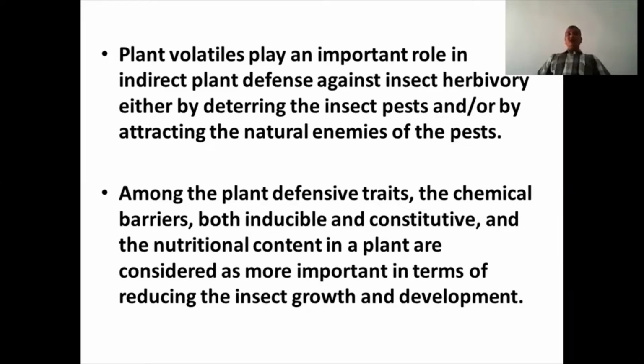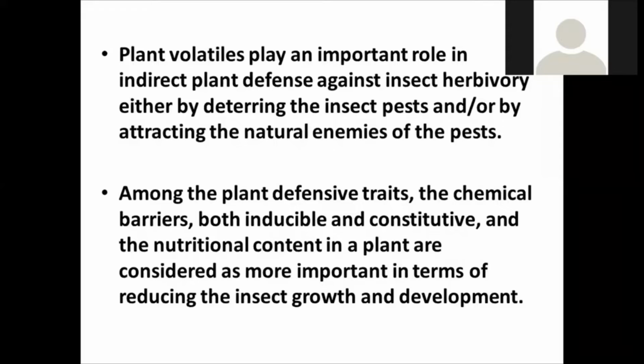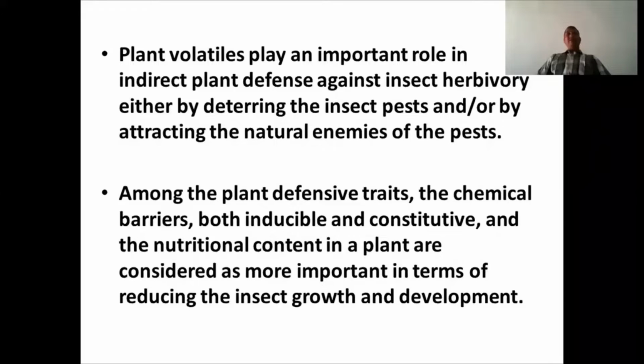So whatever the volatile is, sometimes it attracts and sometimes it deters. Deter means keep away. So whatever defense is there is through the release of some chemical compounds.